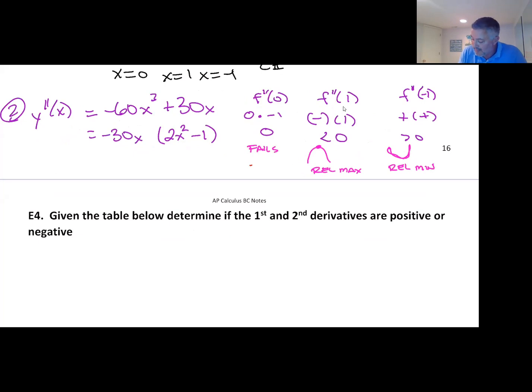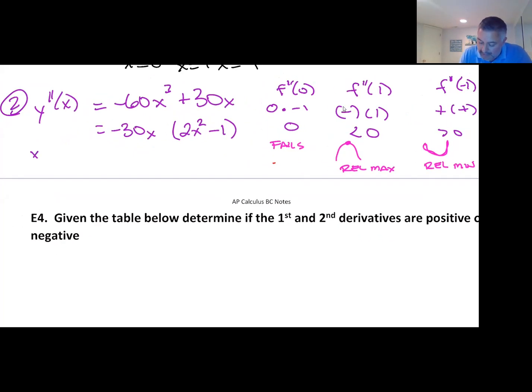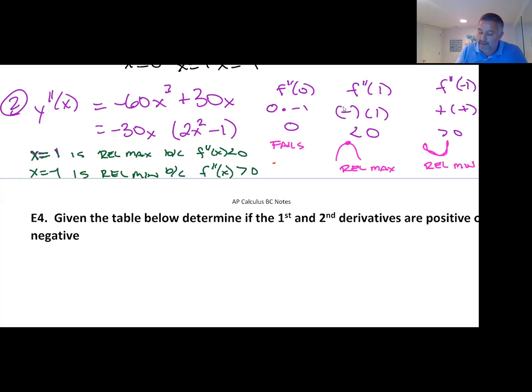So we would then say x equals 1. Let's do it in a different color. x equals 1 is a relative max because f double prime of x is less than 0. I'll do both. x equals negative 1 is a relative min because f double prime of x is greater than 0.